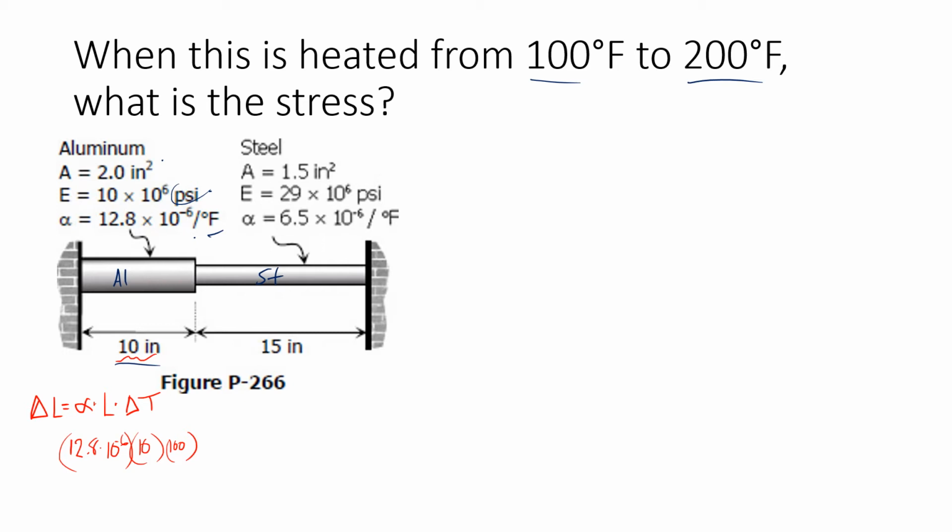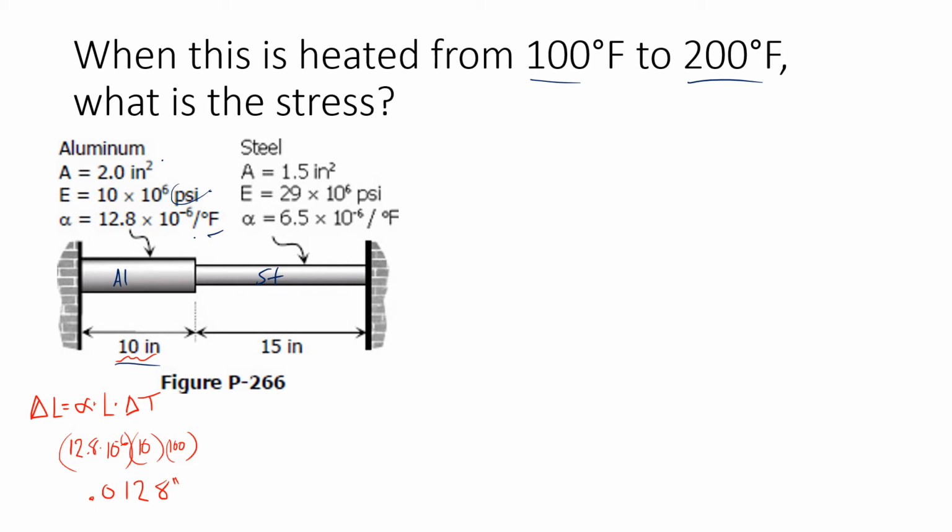Boom, boom, boom. So we are going to get a delta L for aluminum of 0.0128 inches. Nice.